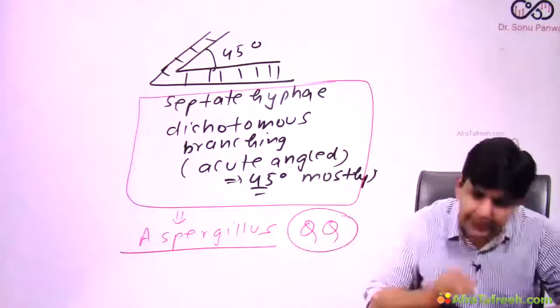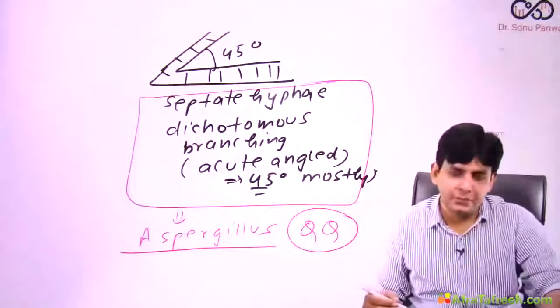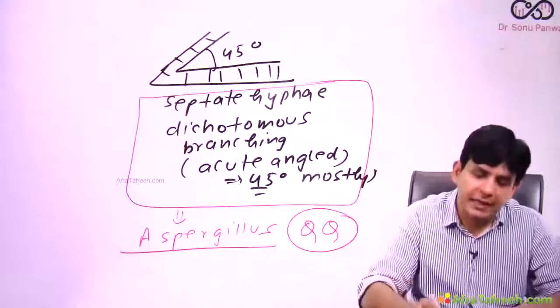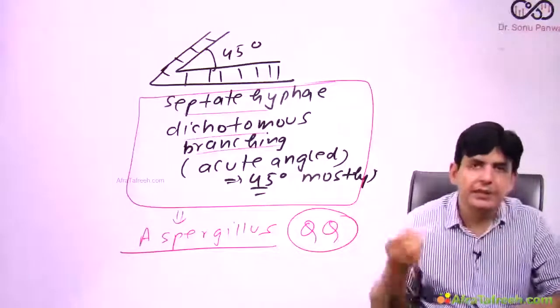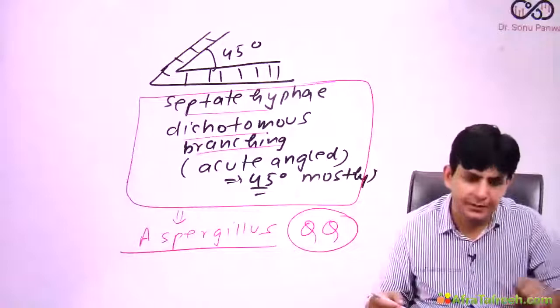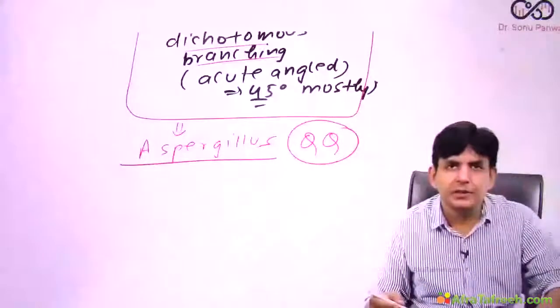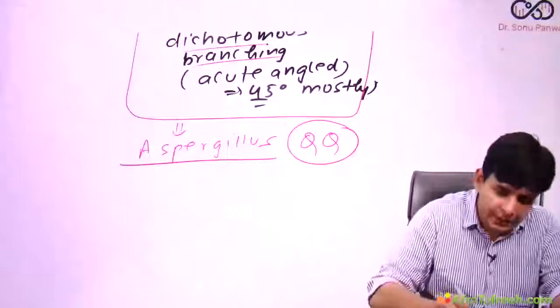This is a frequently asked question, asked 10 to 15 times: septate hyphae with dichotomous branching is a feature of which organism? The answer is Aspergillus. So remember this, it is important regarding Aspergillus.